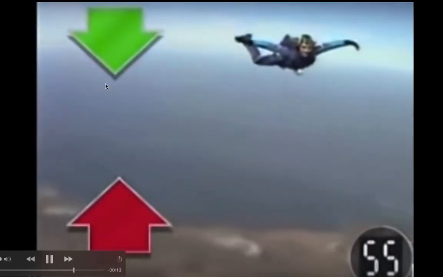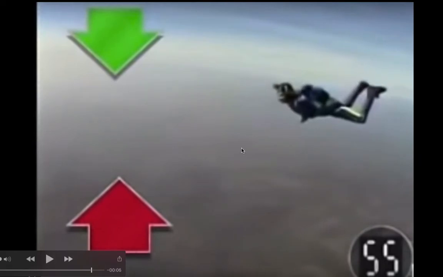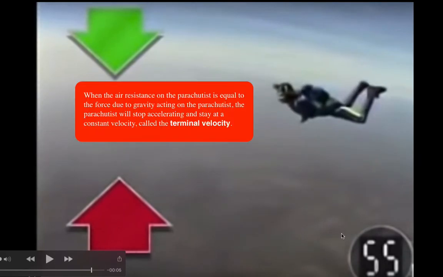You'll notice that she is accelerating at a slower rate. When the air resistance, which is acting upwards on her, equals the force due to gravity, she is traveling at a constant velocity. This is the terminal velocity of 55 meters per second.